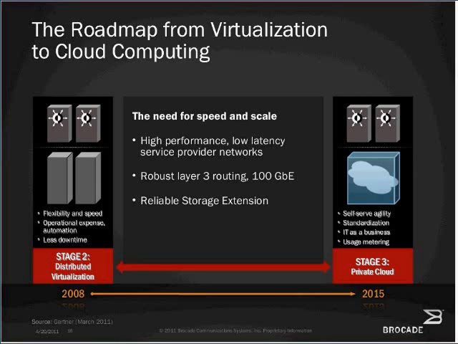So not only are we doing 10 gig today, we're on the path to doing 40 gig interfaces and 100 gig interfaces. We've introduced 100 gigabit on our MLXe platforms. In addition, you'll want from the core out into the WAN robust layer 3 routing, or even routing in between fabrics inside your data center.